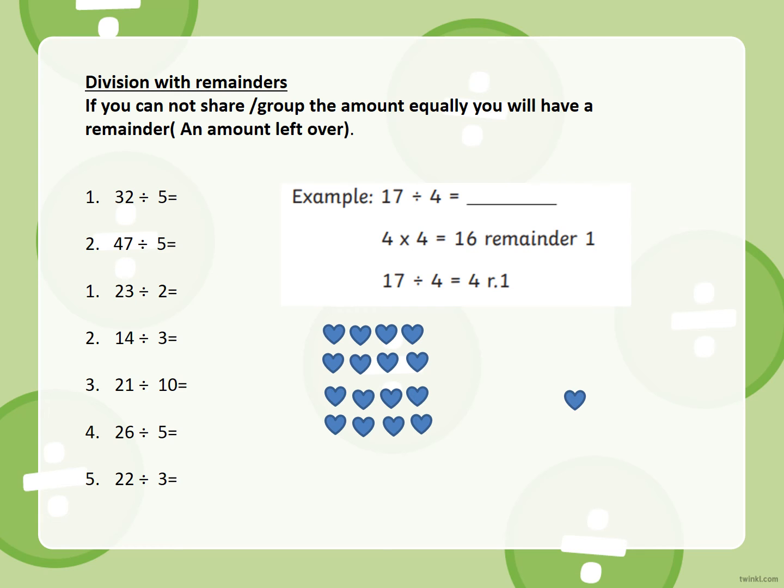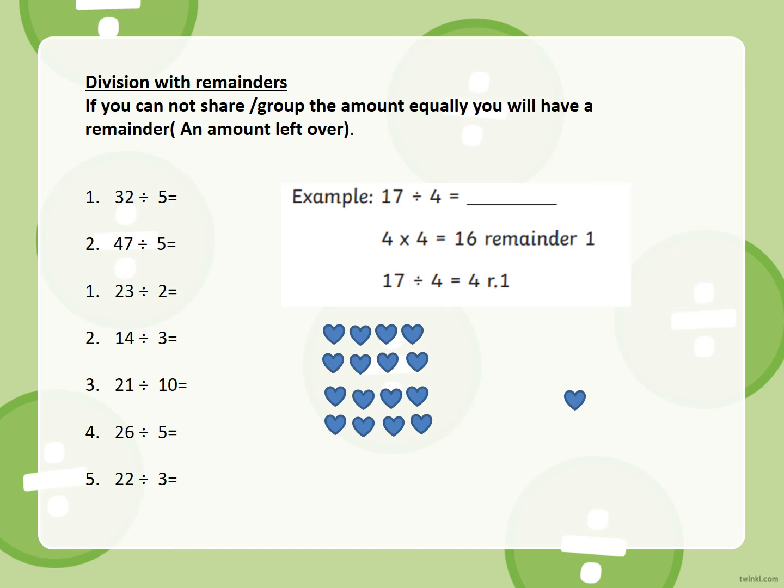So, division with remainders. If you cannot share or group the amount equally, you will have a remainder. That is the bit that's left over. So the example I've given is 17 divided by 4. Now I know that 17 isn't in the 4 times tables, so there's going to be a remainder, some left over.